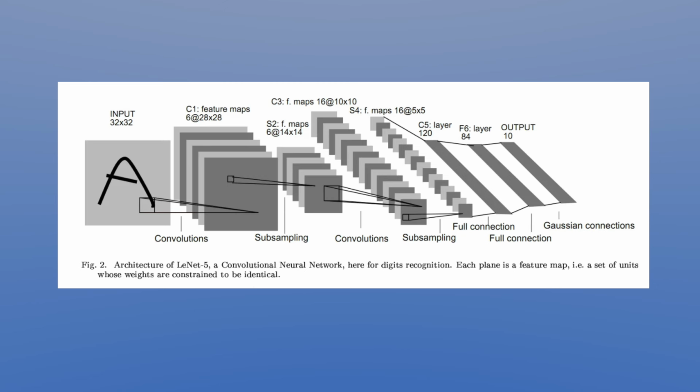Then we have 2 subsampling layers, which are used to reduce the dimensions of the image. And why do we want to do that? We want to reduce the computational complexity, because there are a lot of pixels and we do not just want to compute brainlessly, we do want to reduce our sampling size.